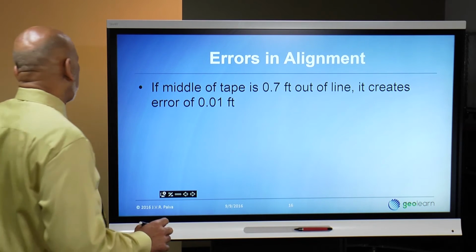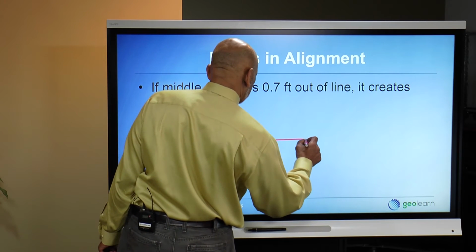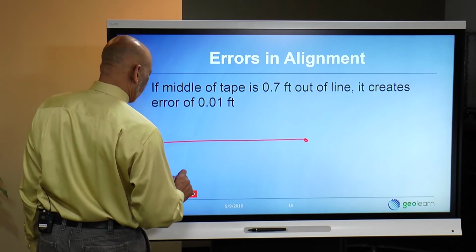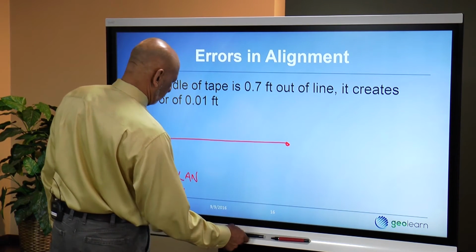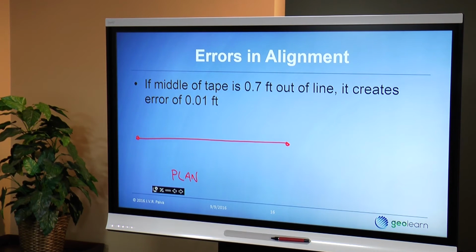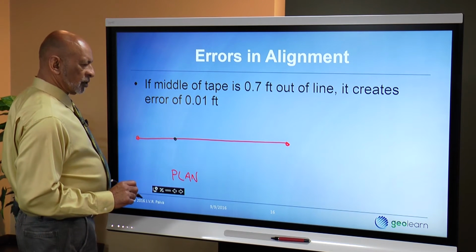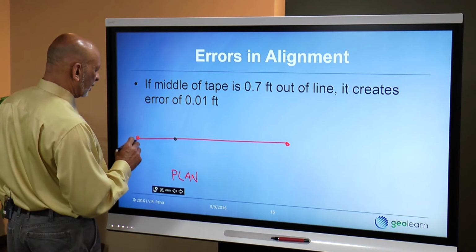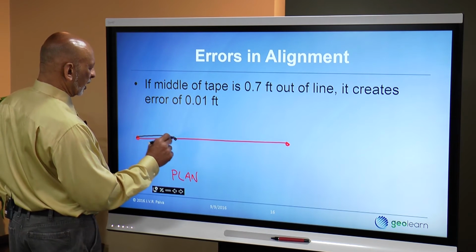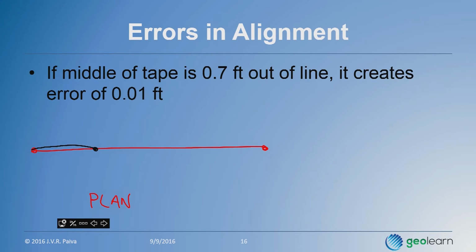Now here's something else that people don't think about too much when they're new at this, and that is if you have a line that's going to be measured, again looking at this in plan view, and you verify that the front end of the tape is actually on line when you make the measurement, but you don't snap the tape, and you have to be very careful doing this so you don't physically break the tape, but it turns out the tape is actually laying on the line like this, where the middle of the tape is 7/10 of a foot, okay, out of line, about 8 or 9 inches.